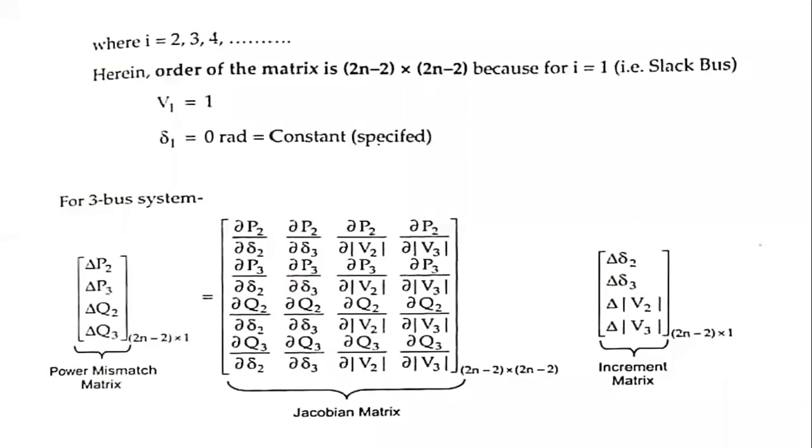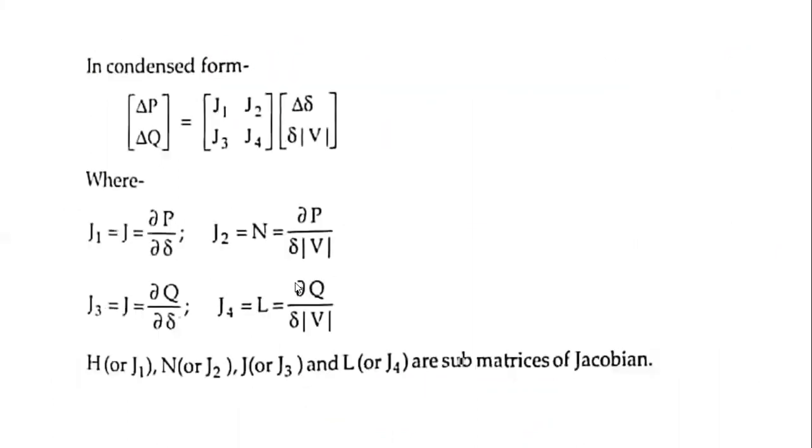Therefore J1 is equal to dou P by dou delta, covering dou P2 by dou delta 2, delta 3. Then this will be taken as dou P by dou V, this as dou Q by dou delta, and this as dou Q by dou V. This is the simplification form for that matrix, the submatrices.